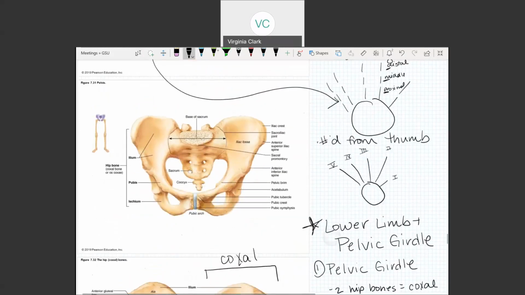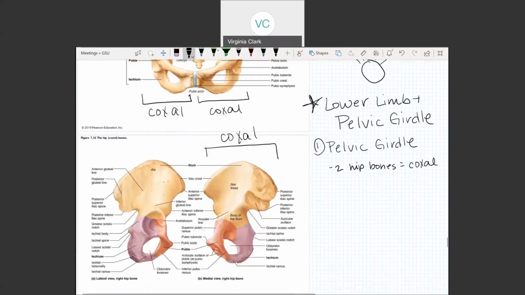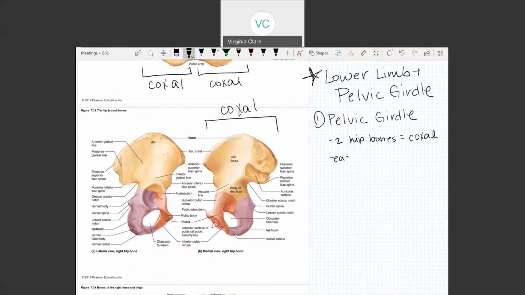So looking up here at your hip, we have 1 coxal bone, and then a second coxal bone. So the pelvic girdle is made up of 2 coxal bones. Each coxal bone, this is where it gets confusing, has 3 bones.